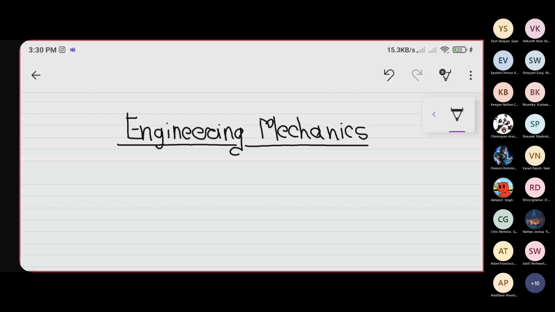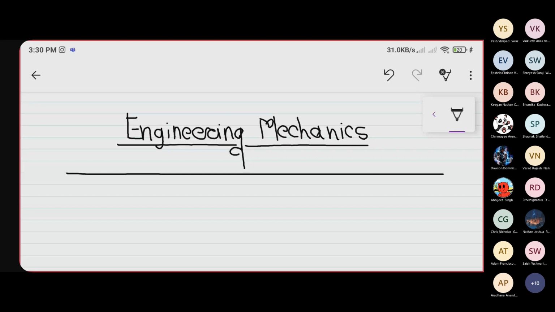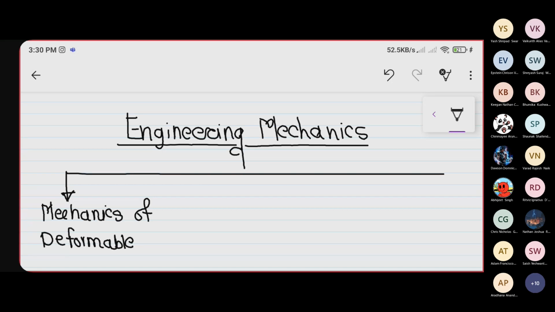This engineering mechanics can be classified into mechanics of deformable bodies. What is first? Mechanics of deformable body. I will define what is meant by deformable, don't worry. Then mechanics of rigid body.